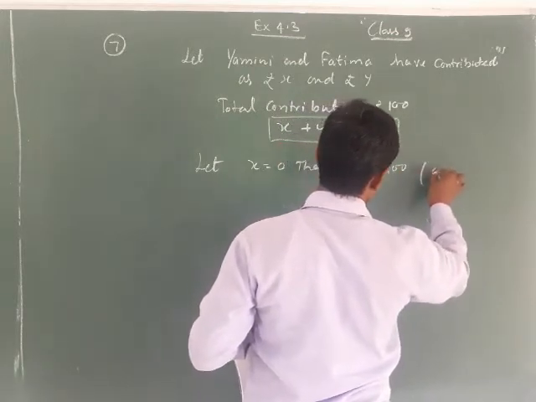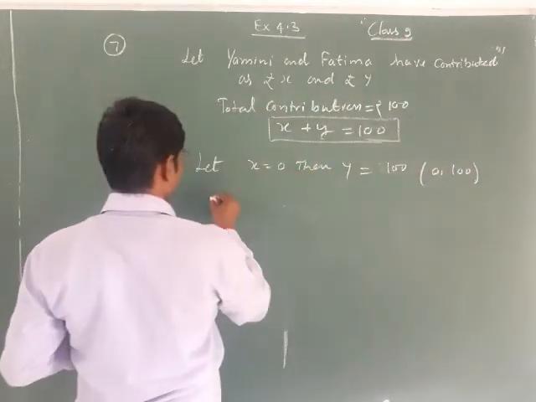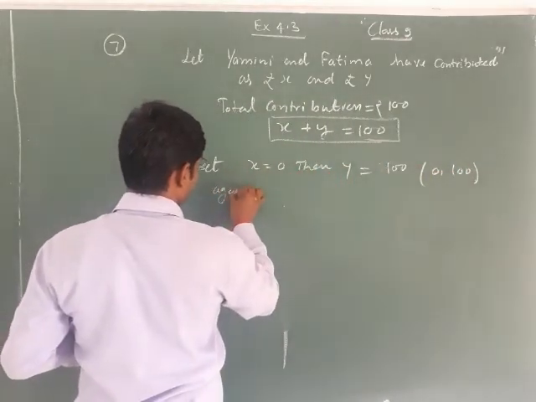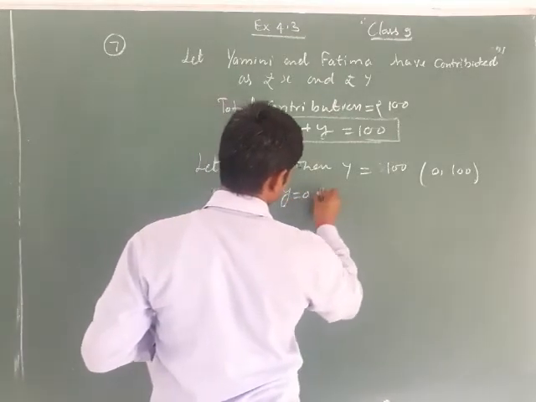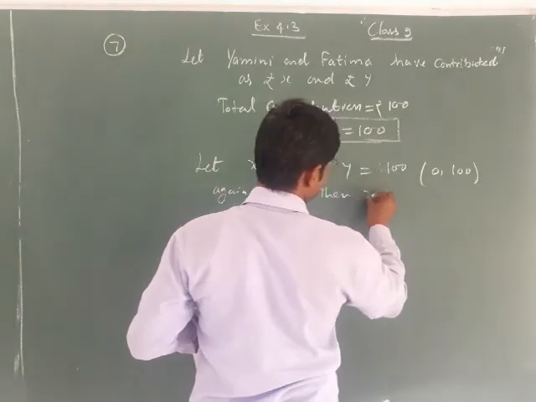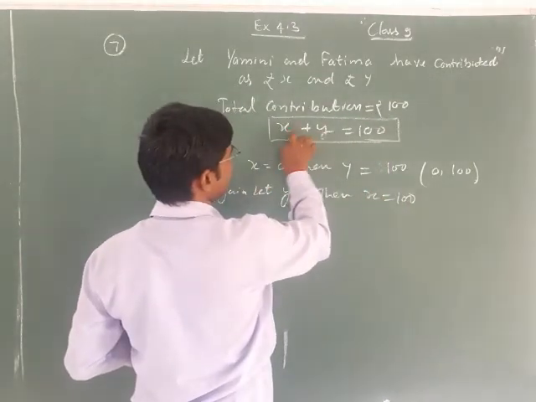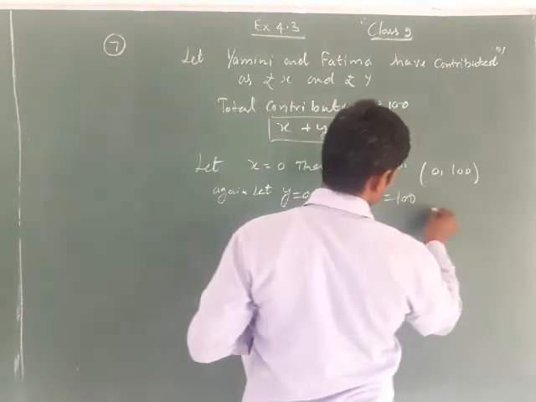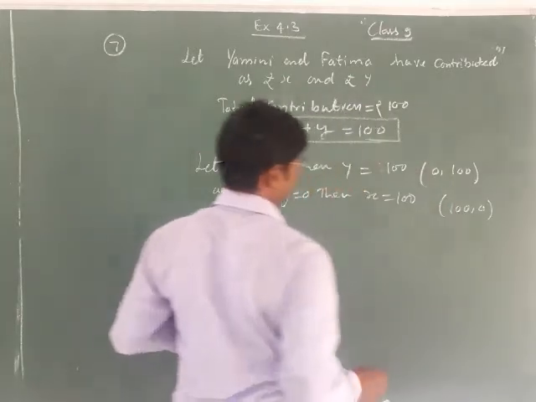So the point is 0 comma 100. And again let y is equal to 0, then x is equal to 100. So put y 0, so x is equal to 100. So this is 100 comma 0.